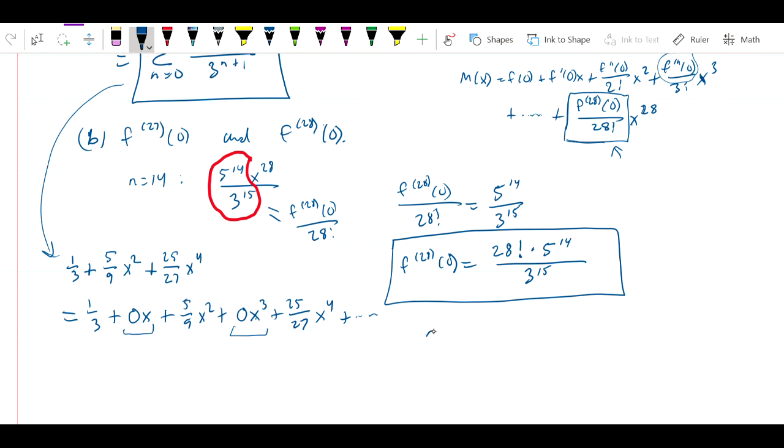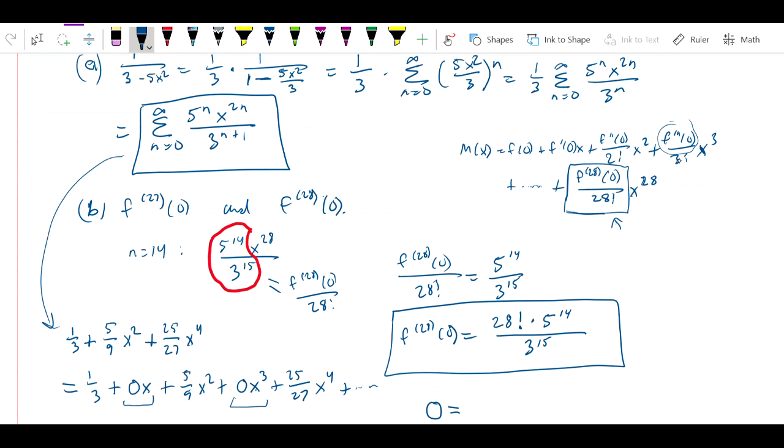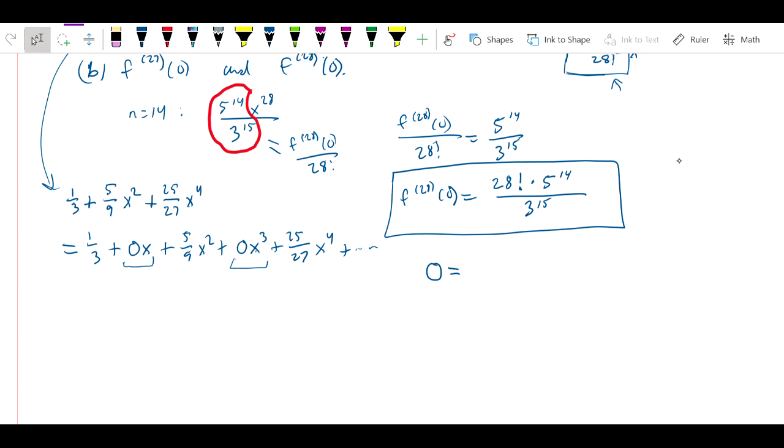Using again this aspect of the formula, since we assume from this pattern that we're going to have 0 x to the 27th, that means that 0 must equal the 27th derivative of f evaluated at 0 over 27 factorial.